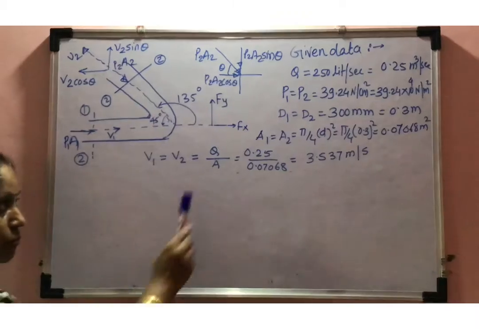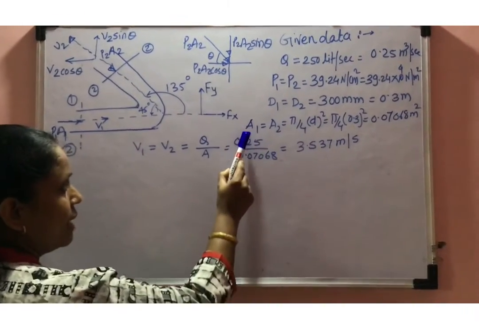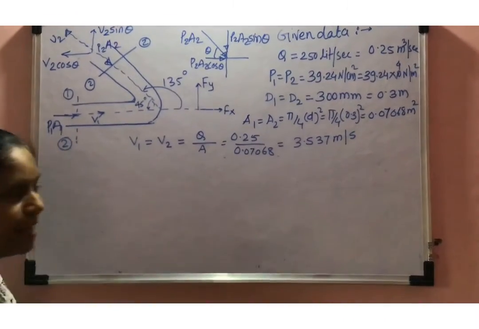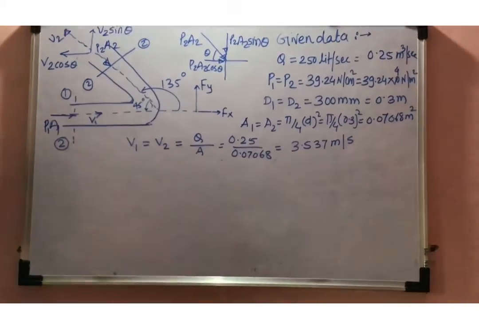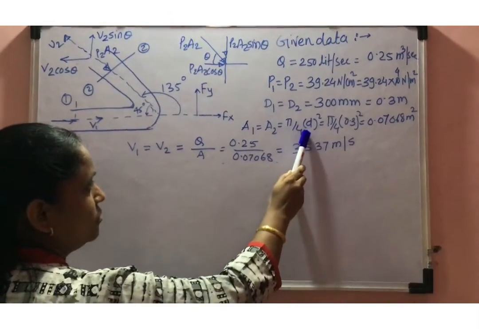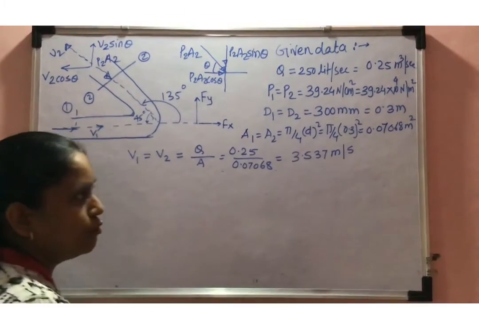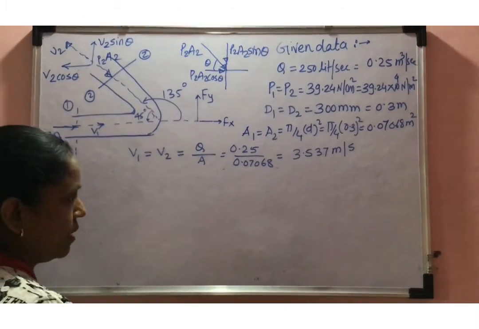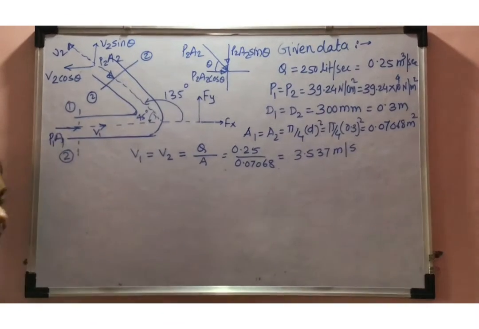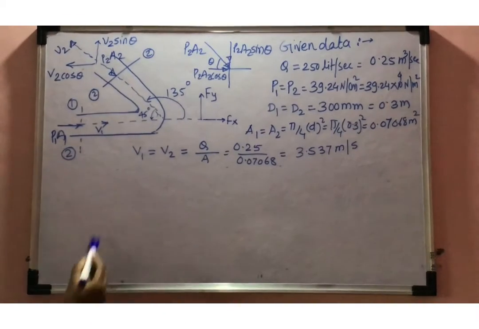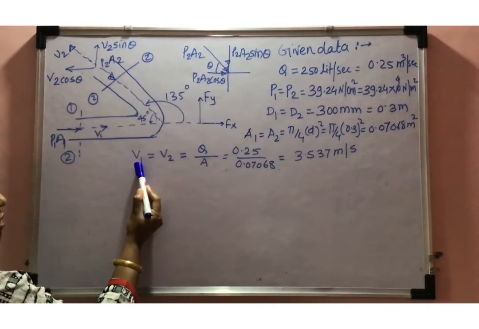We know the diameter is the same, so the area A1 is equal to A2. So this will be pi by 4 d square, which is 0.07068 meters square. After calculating the area, the next step is to calculate the velocity.